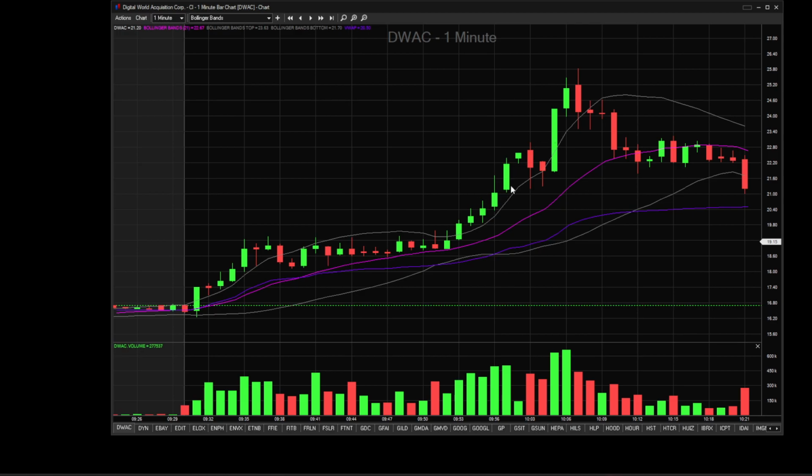If I see that sort of pace, that's sustainable. Whereas if I see something where the bars are stretching far away from the top of the channel, way above it, or if we were going down way below it, that would be a strong indication that that pace is not sustainable. In other words, the more sharply the bars pull away from the top of that channel, above it or below it, the more likely you're going to get a very aggressive pullback.